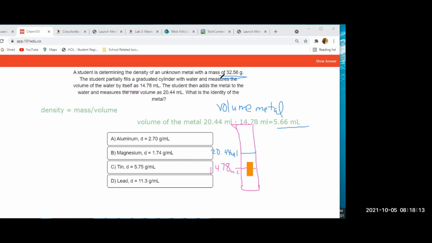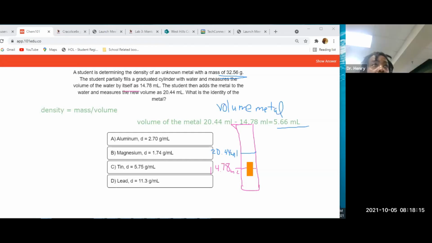Yes. Okay, so then I can plug it into the equation to calculate my density. So I have 32.56 grams divided by my volume, which is 5.66.